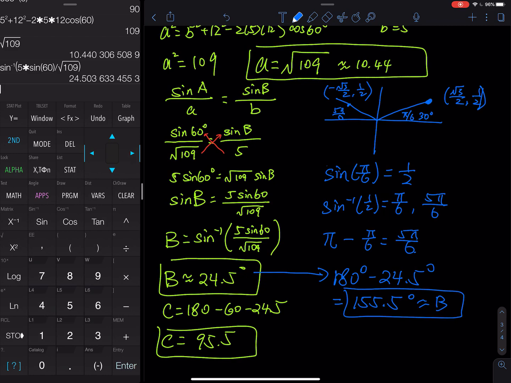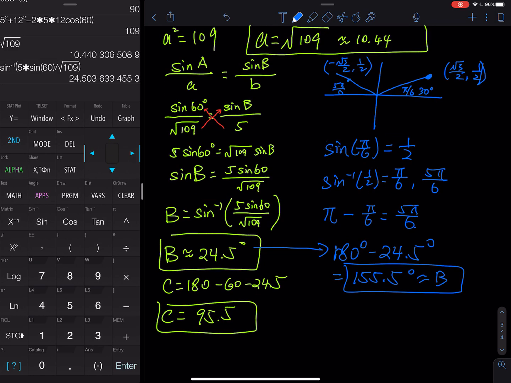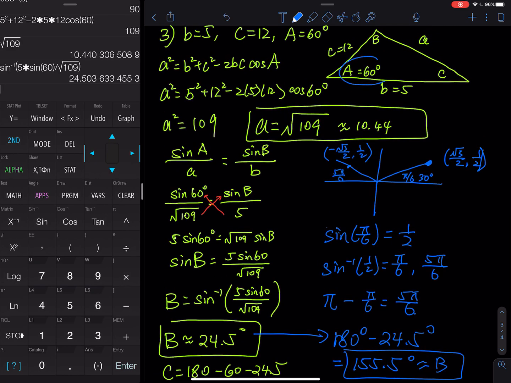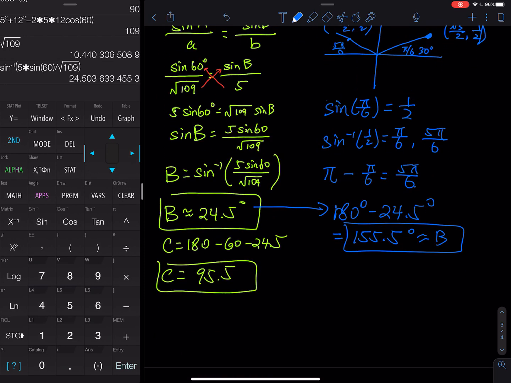But is that going to work? Is the 155.5 working or not? Let's take a look at what is given. The other angle is A equals 60. So if I take B plus A, the 60 degrees, what do you have? This one is already greater than 180 degrees, right? So the sum of these two angle measurements is already greater than 180 degrees. So that means there is no room to fit one more angle.